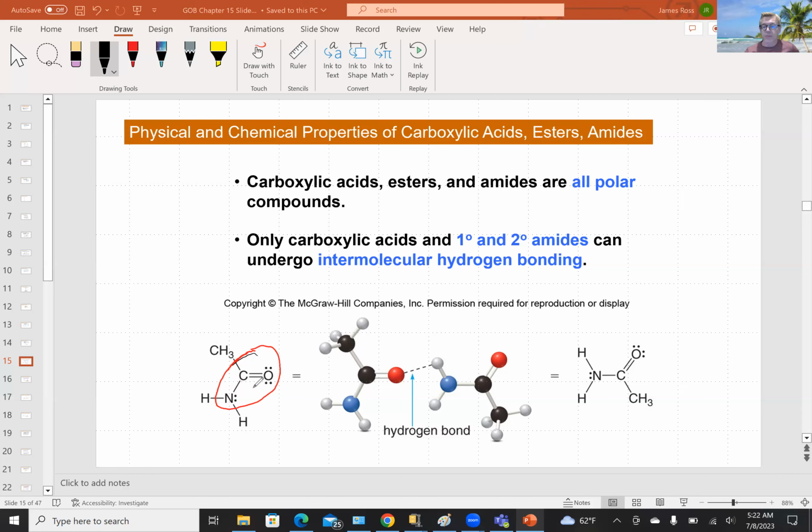So this is a hydrogen bond because we've got an eligible hydrogen, because it's directly bonded to either nitrogen, oxygen, or fluorine. And it's interacting through space with either a nitrogen, oxygen, or fluorine. So if amides can hydrogen bond, they're going to have a relatively high melting and boiling point compared to alkanes of a similar mass.